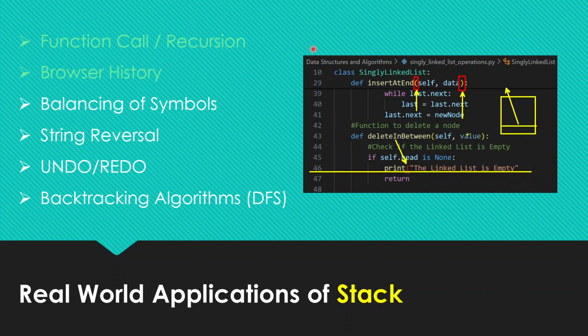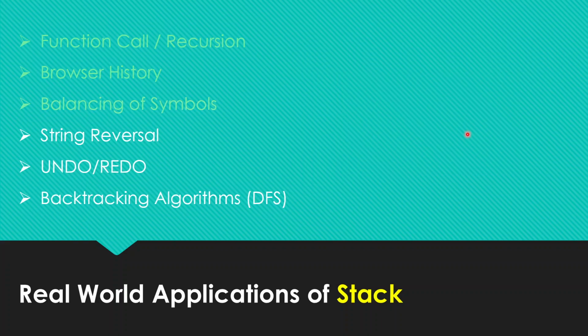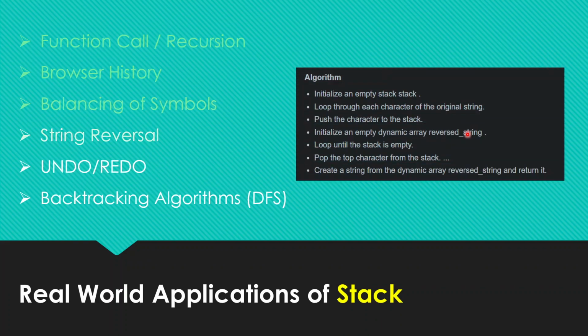So that is how that works really. That is what we call balancing of symbols, and your debugger is going to use that to detect any symbols that do not have a matching closing symbol.